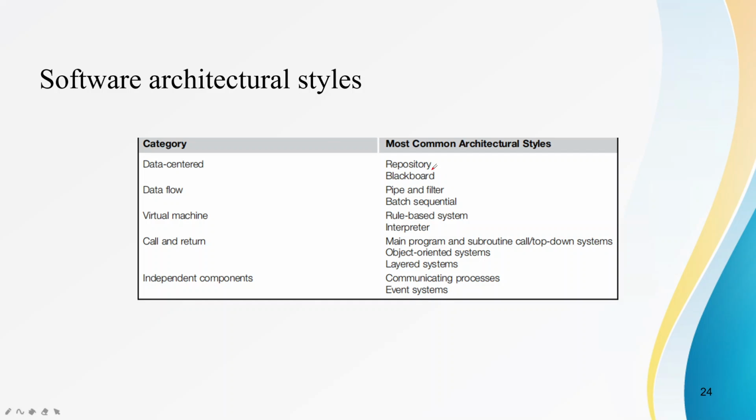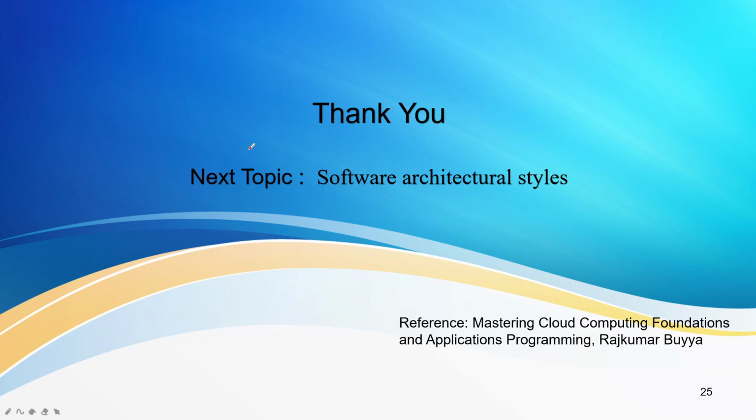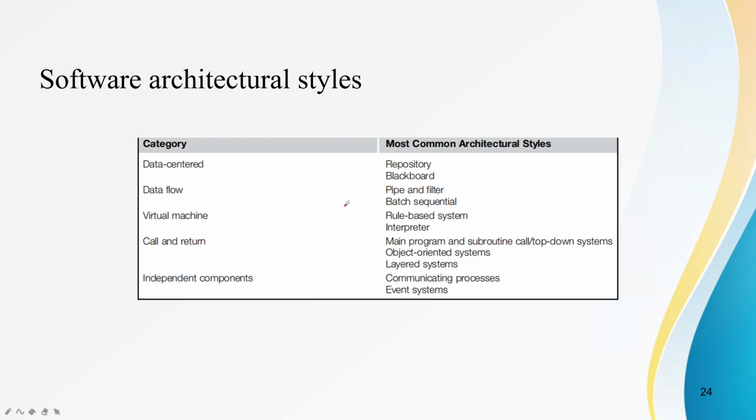That means distributed systems can be classified as data centered, data flow oriented, virtual machine systems, call and return based systems, or independent components. In our next lecture, we are going to see each of these software architectural styles in detail, with at least two from each of them.